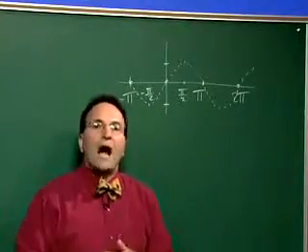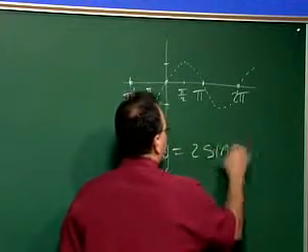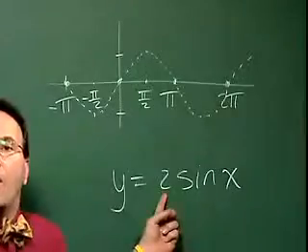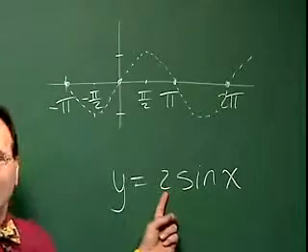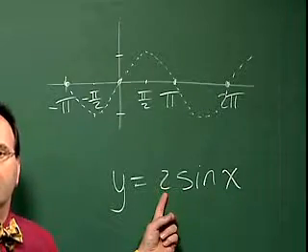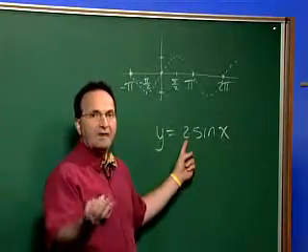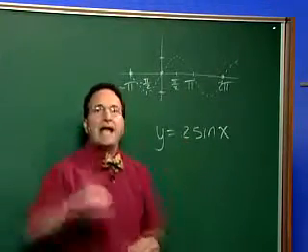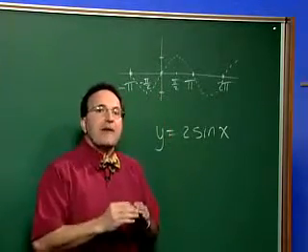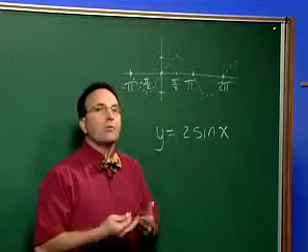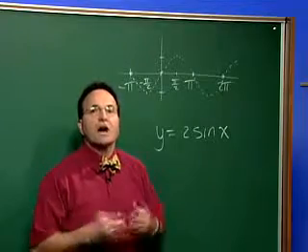Well, what about y equals 2 sine of x? Putting a whole number in front of the function, remember, stretches the graph vertically. So this coefficient of 2 stretches the graph vertically. And therefore, instead of maximum and minimum values of 1, I would have maximum and minimum values of 2.